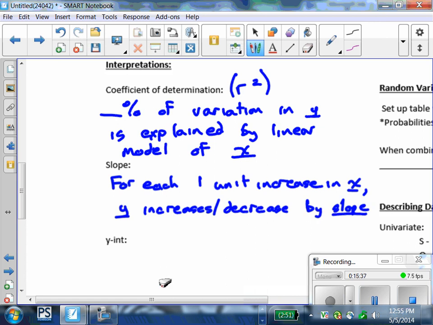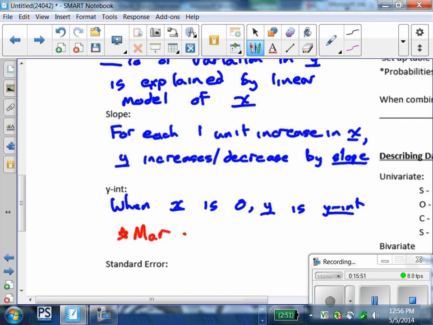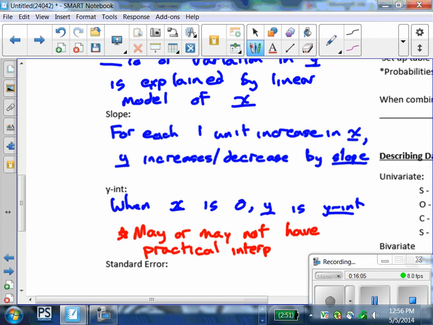The y-intercept tells us that when x value is 0, y is whatever that number is. Remember, it may or may not have a practical meaning. Interpretation or meaning.